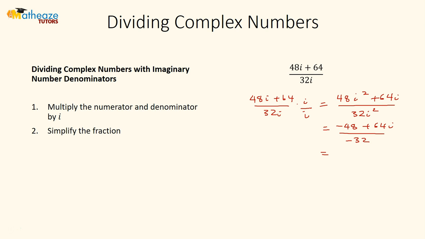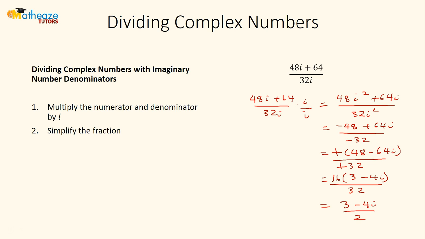So we can factor out the negative sign here. It's going to give us 48 minus 64i divided by negative 32. So let's factor out 16. So we have 16 times 3 minus 4i divided by 32, because this negative cancels out. So now we have 3 minus 4i over 2.